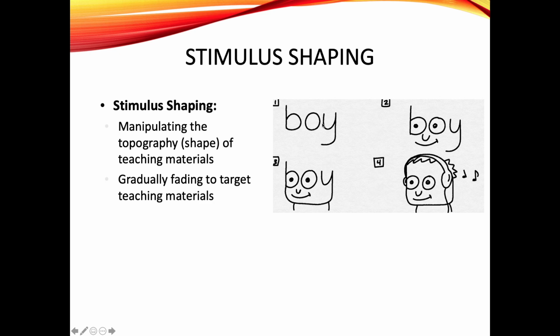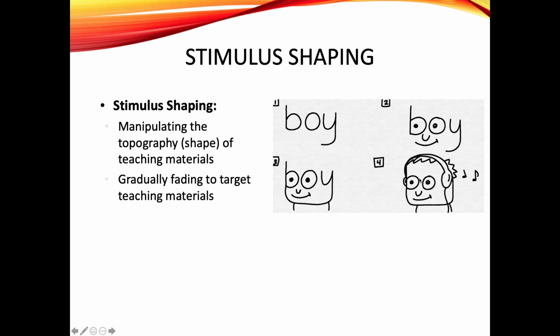So if we want the word boy to occasion the client saying boy, essentially reading, what we might do is go down here to what I have as step 4, and this is not my art. I cannot draw even this well.